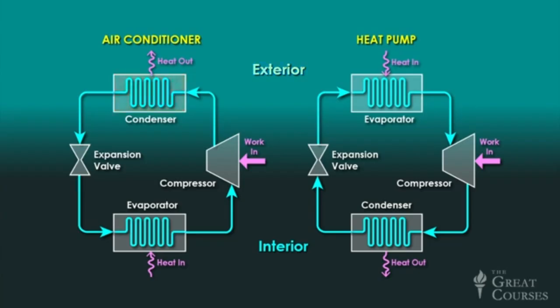But in a heat pump, the condenser is oriented toward the interior. Similarly, the evaporator, which transfers heat from the cold region to the refrigerant, is oriented toward the interior in an air conditioner, but toward the exterior in a heat pump. Otherwise, heat pumps and air conditioners operate in exactly the same way.